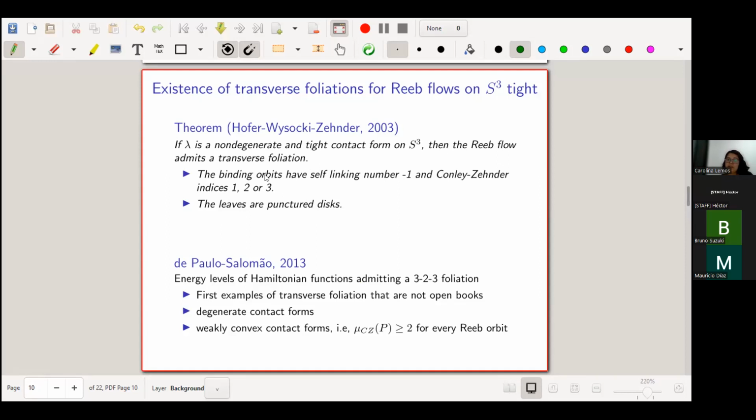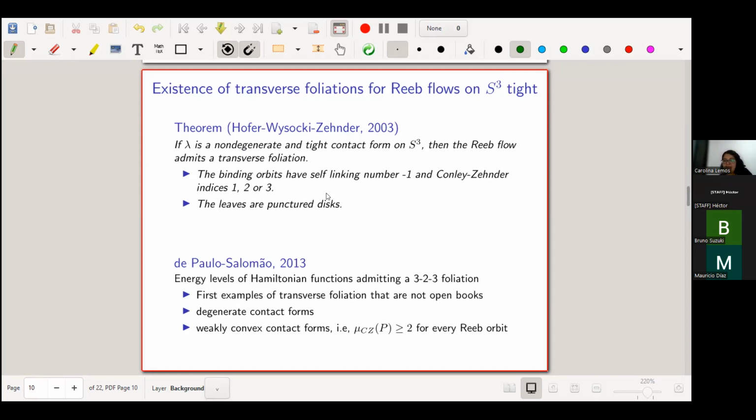In this existence theorem, they showed that the binding orbits always have index 1, 2, or 3, self-linking number -1, and the leaves are disks with some finite set of punctures removed.